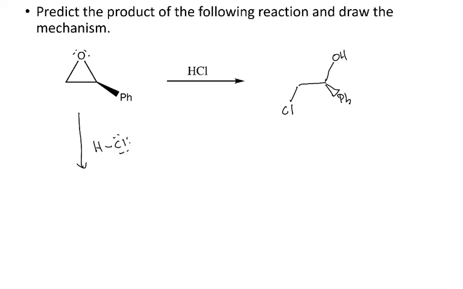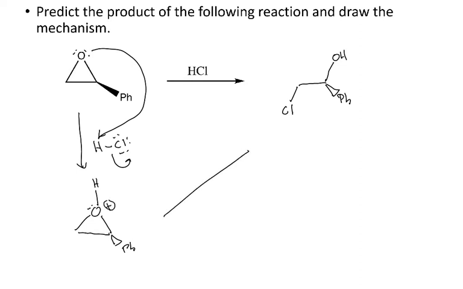Under acidic conditions, first we have the proton transfer, and then we have the SN2 step. And that'll give us our product.